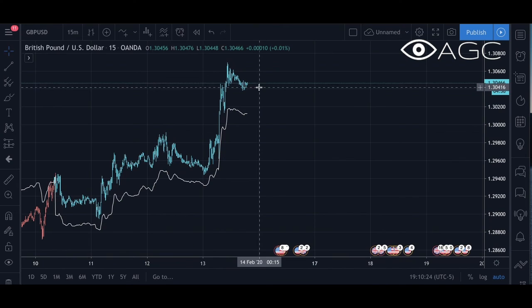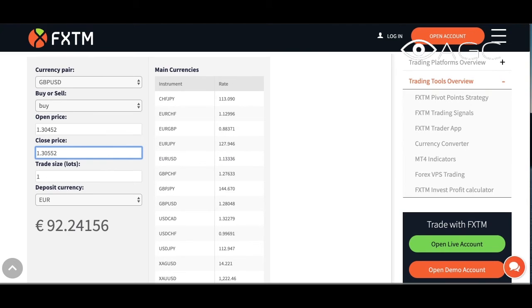And we want to long it, and the price right now is 1.3466 US dollar.